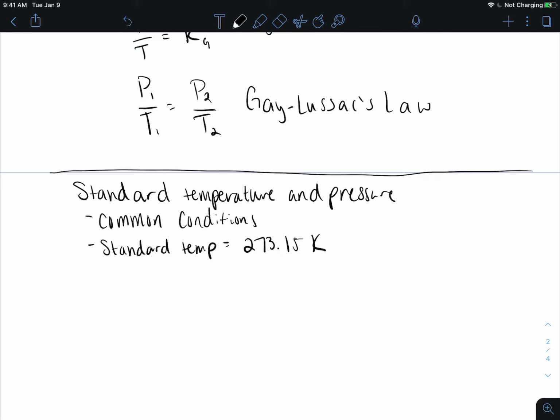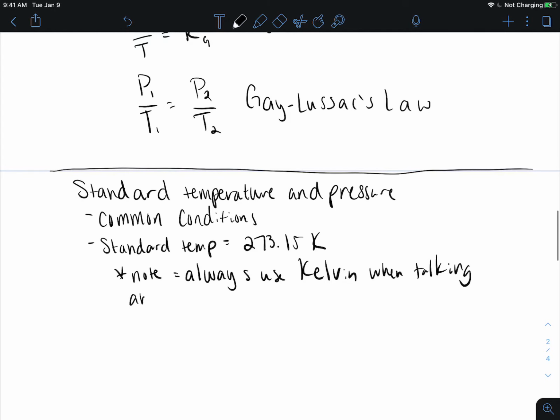273.15 Kelvin. By the way, as a note, we always use Kelvin when we're talking about a gas. We do not use any other unit. And that's because our temperature determines our kinetic energy, right?